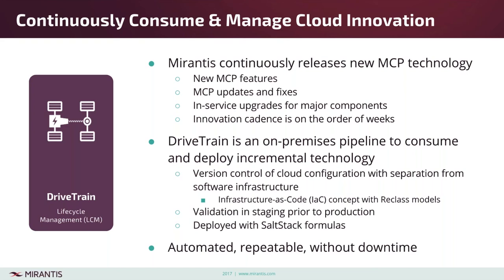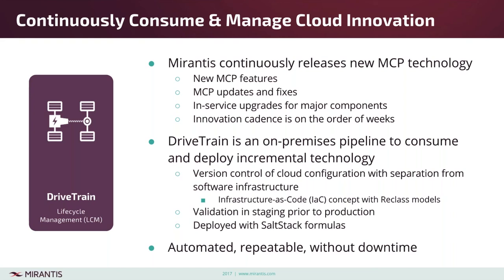We also need a mechanism through which we can validate any change or upgrade or update through a staging environment prior to putting it in production, and we need that to be very automated. So again, toward the last bullet, having an automated, repeatable process and incurring little or no downtime is critical.